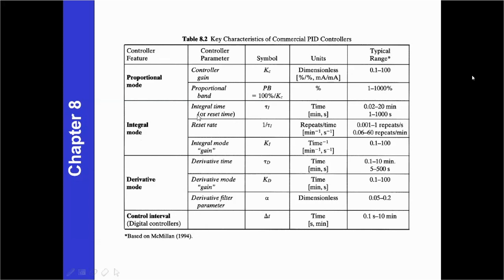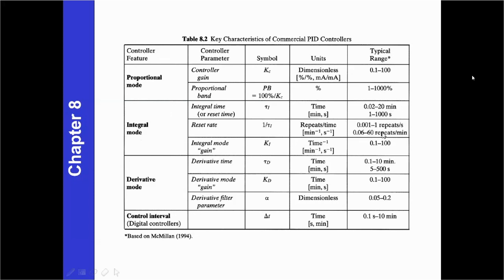For integral mode, the integral time or the reset time is given by tau I, and the unit for that parameter will be minutes or seconds. The range is from 0.02 to 20 minutes, or from 1 to 1000 seconds. The reset rate is 1 over tau I, which is repeats per time, so per minute or per second.